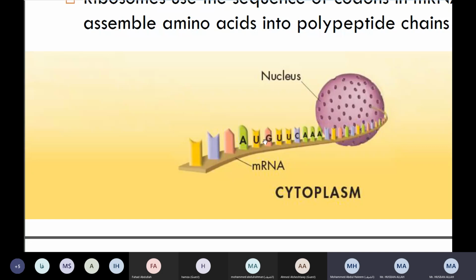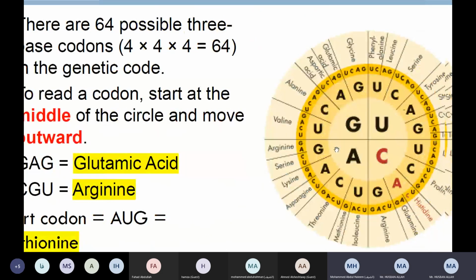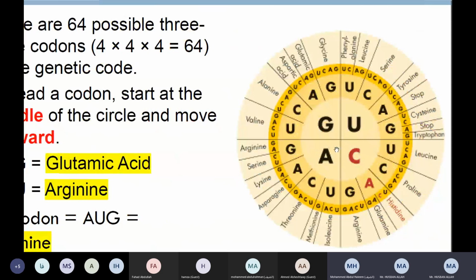AUG. Now AUG is the genetic code of which amino acid? In the previous lesson, go to the previous page, you have Figure 13.6. This figure, what does AUG code for?